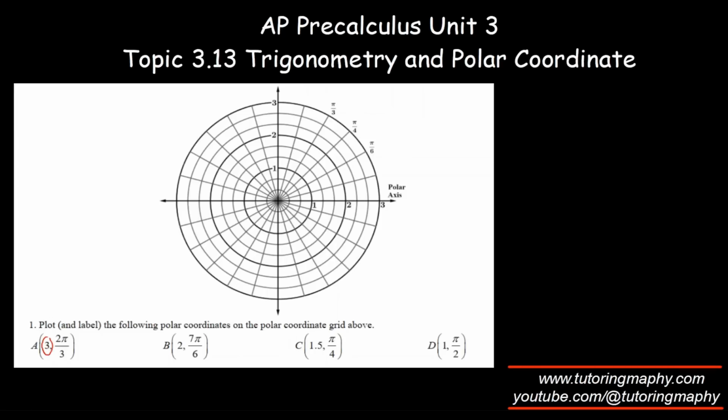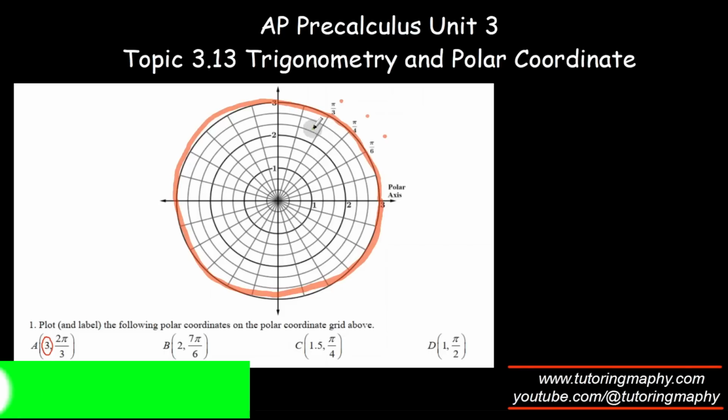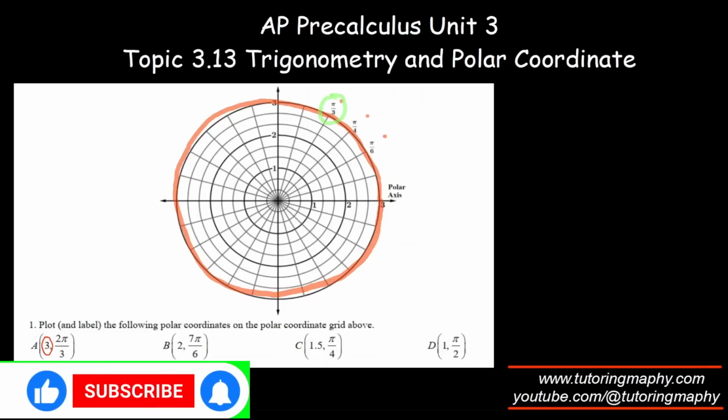For 3, you just have to locate the circle with the radius of 3, which is obviously the outermost. This ring corresponds to r equal to 3, and 2 pi over 3 is the angle. They have only given the quadrant 1 angles, but we know that 2 pi over 3 is 120 degrees, which has a reference of pi over 3, right?